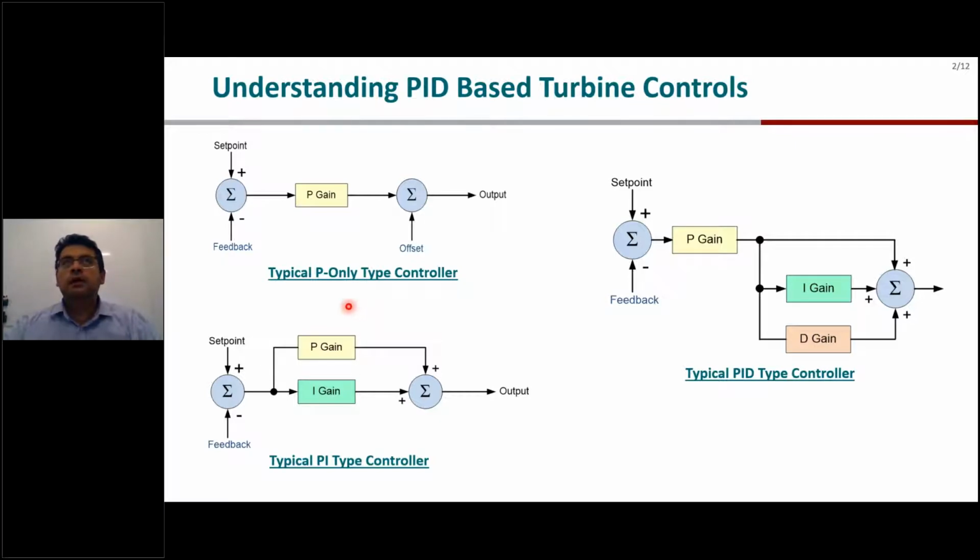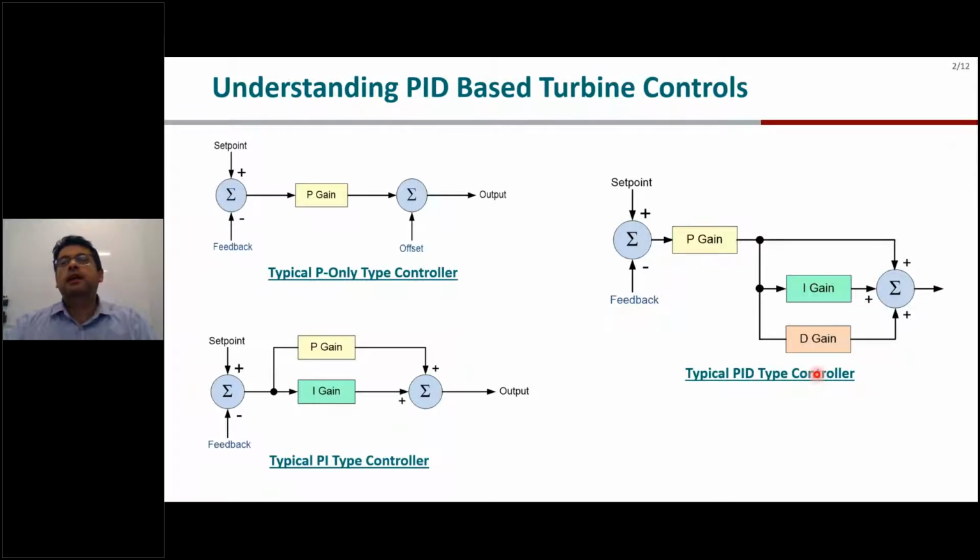To reduce that error, we introduce the integral, which is used to make you reach the target as closely as possible. But the problem with the integral is that it sometimes causes delays and overshoot within the system, and that's where the derivative comes in, to improve the delays within your turbine.